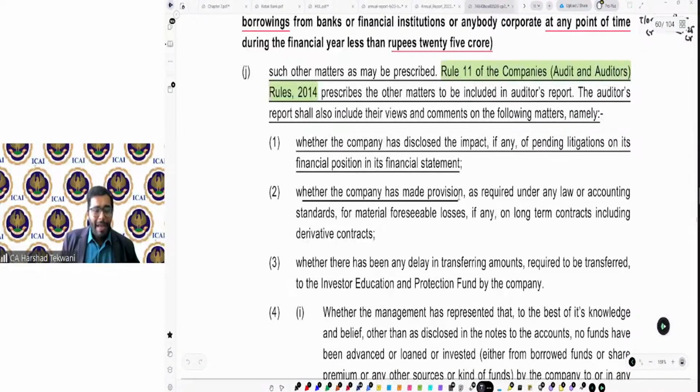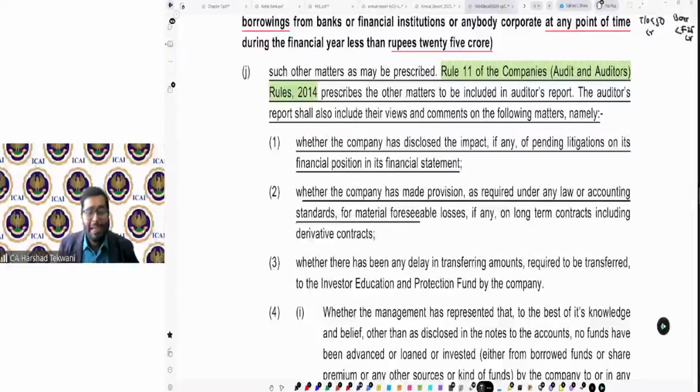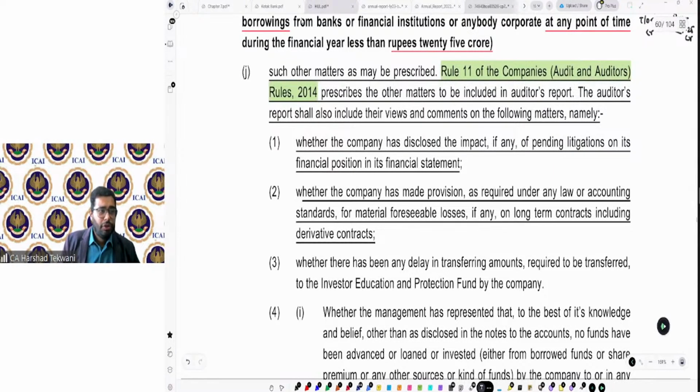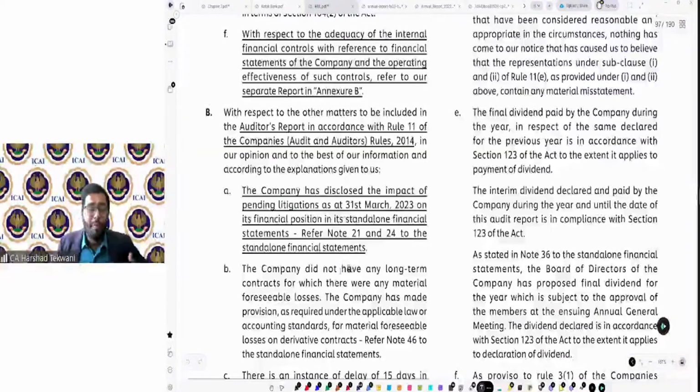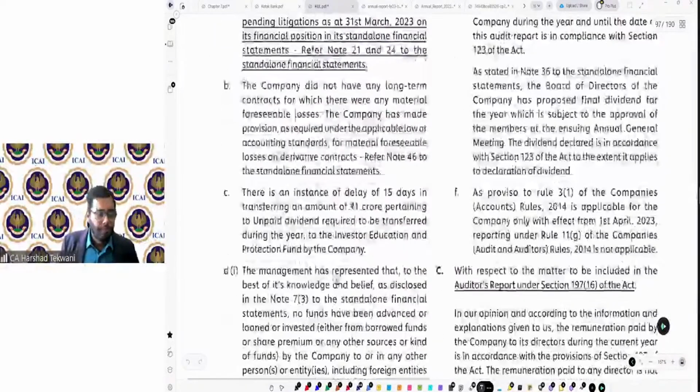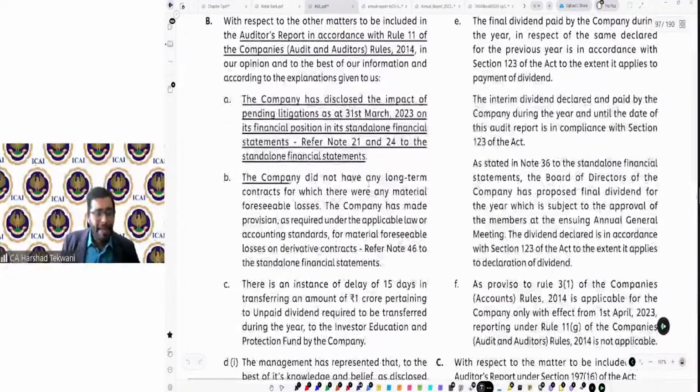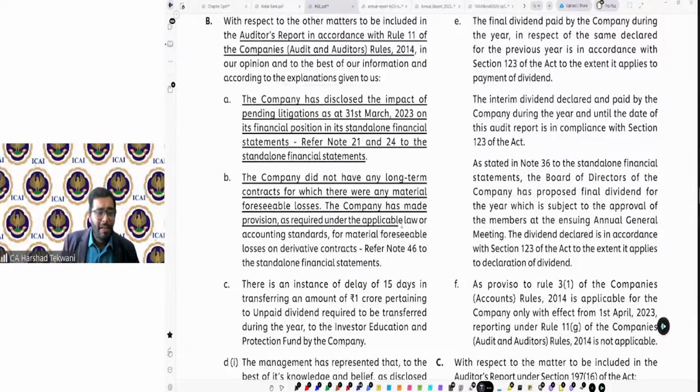Whether the company has made provision as required under law or accounting standards for material foreseeable losses, if any, on long-term contracts, including derivative contracts. So, provision for material foreseeable losses. The company did not have any long-term contracts for which there were any material foreseeable losses. The company had made provisions as required under the applicable law and accounting standards for material foreseeable losses on derivative contracts.